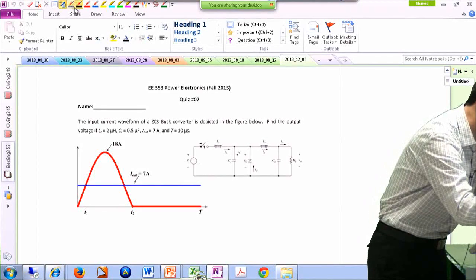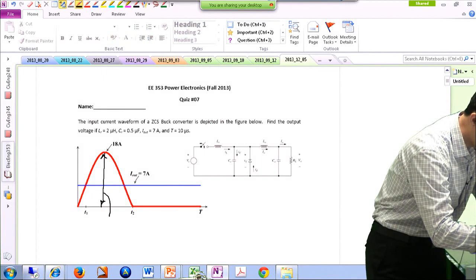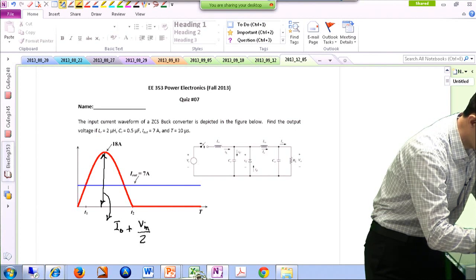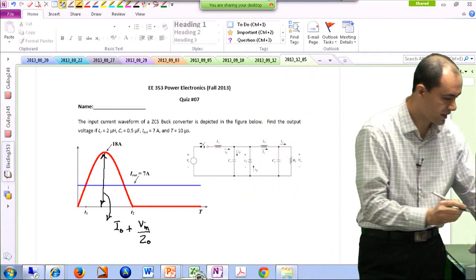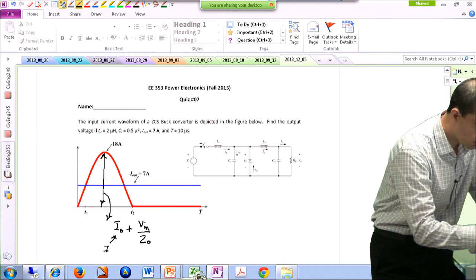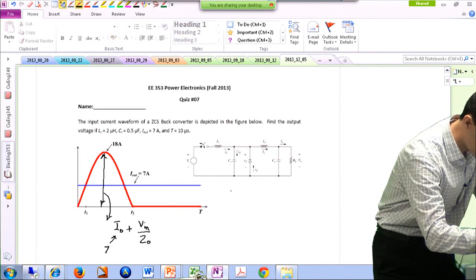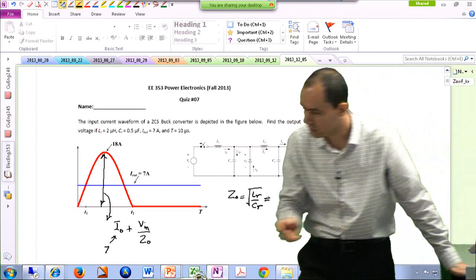Referring to your notes, you would know that this peak is something like this, and I out is 7. So we got to find a value for Z naught, which turns out to be 2.